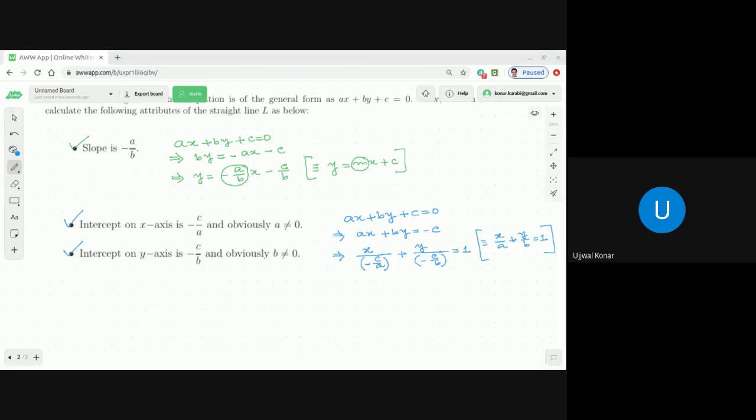let p be the length of the perpendicular from the origin to the straight line L, and alpha be the angle made by the perpendicular straight line with the positive direction of x-axis. Then what can we get? Let me show you this thing.